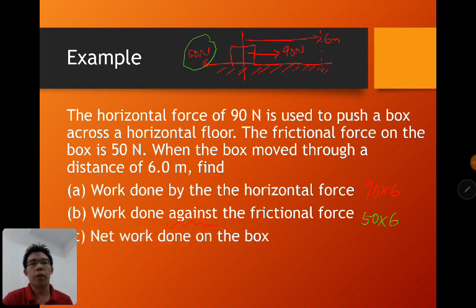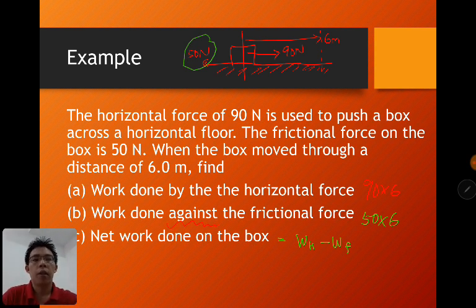And net work done on the box. So net work done on the box will be the work done by the 90 Newton horizontal force minus the work done against the frictional force. Then you should get the net work done on the box.